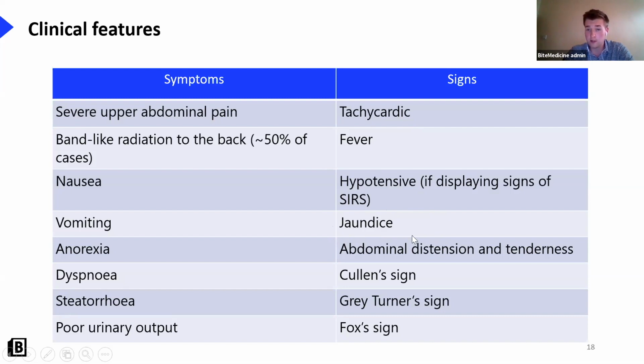They might have abdominal distension and tenderness. And then, of course, our eponymous signs that we've covered earlier: Cullen's sign, Grey Turner's sign, and Fox's sign. And as a reminder for those who have just joined, Fox's sign being the bleeding over the inguinal ligaments due to retroperitoneal hemorrhage.